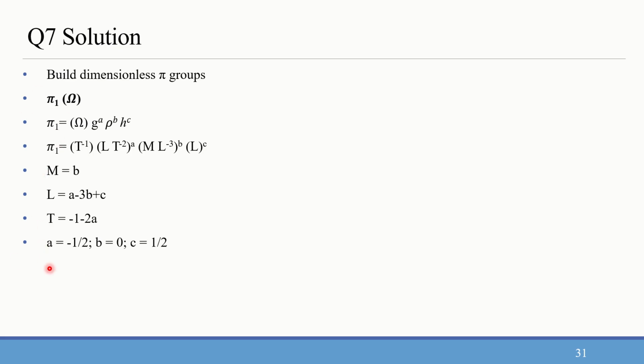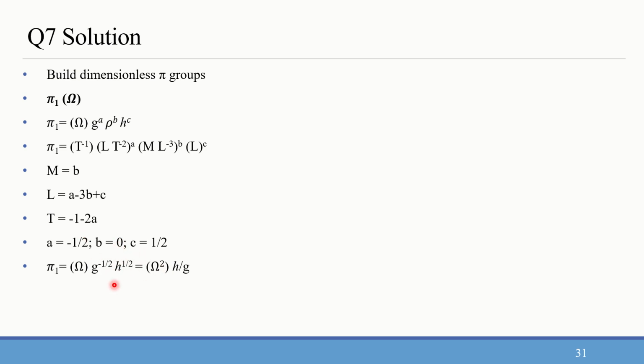Pi 1 is equal to sigma into g power minus 1 by 2, rho power 0, h power 1 by 2. So it is sigma g minus 1 by 2 h 1 by 2, or sigma into h by g to the power of 1 by 2.